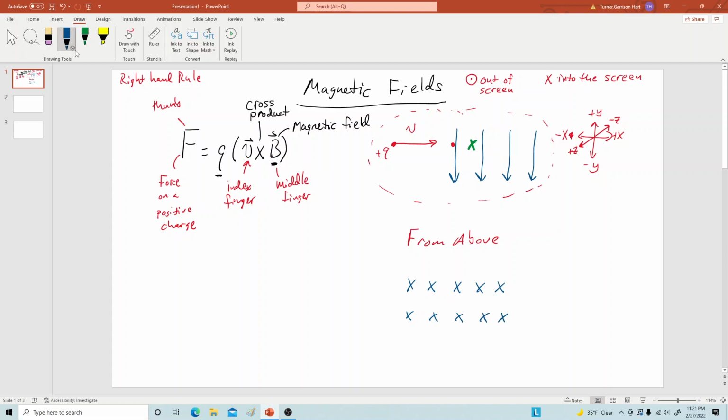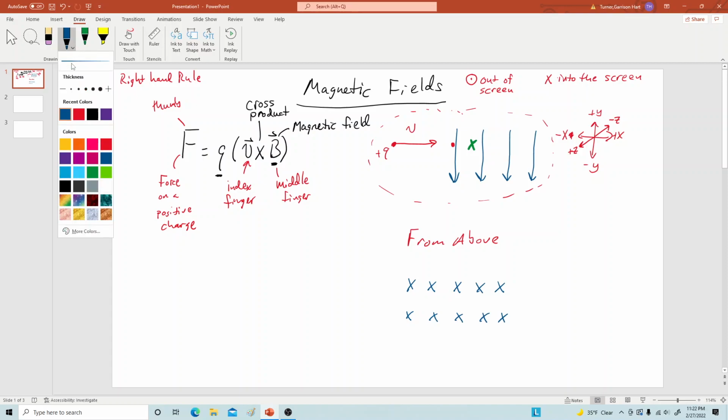And if we imagine the charge being injected, now the charge from above is still going to be traveling to the right in our picture here.